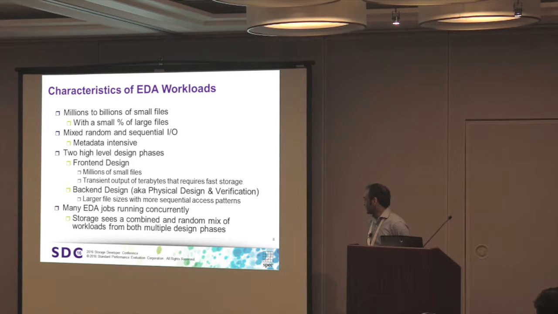But in traditional EDA, all the data, including the scratch data, is on a NAS system. You have lots and lots of jobs running concurrently. I've heard numbers anywhere from hundreds of thousands to millions of jobs per day.